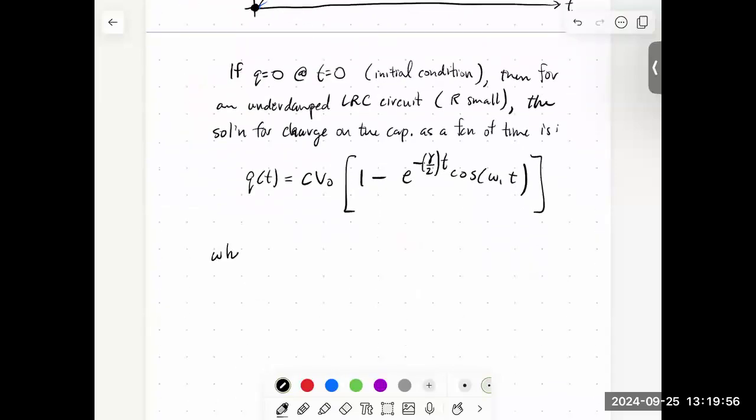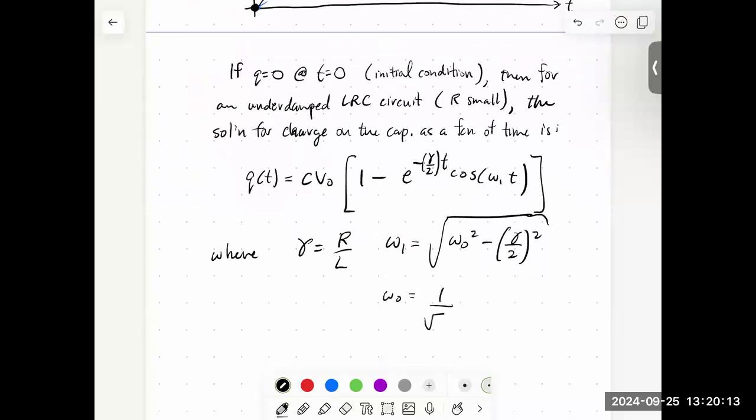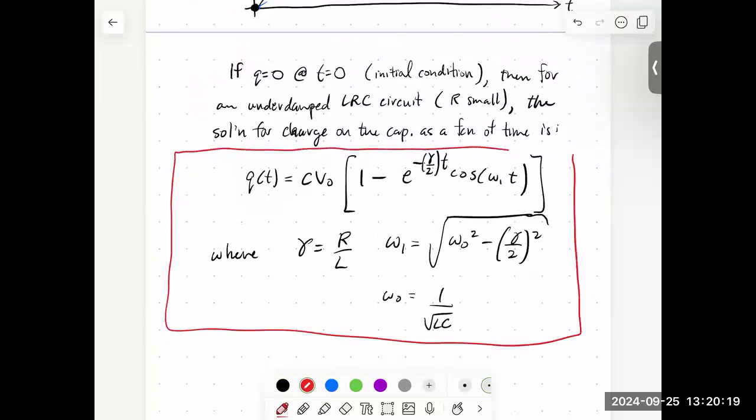Gamma is equal to R over L, and omega 1 is related to another quantity, omega naught, and omega naught is equal to 1 over root LC. It's not obvious at all why these quantities have this form, but I'm just telling you the solution.